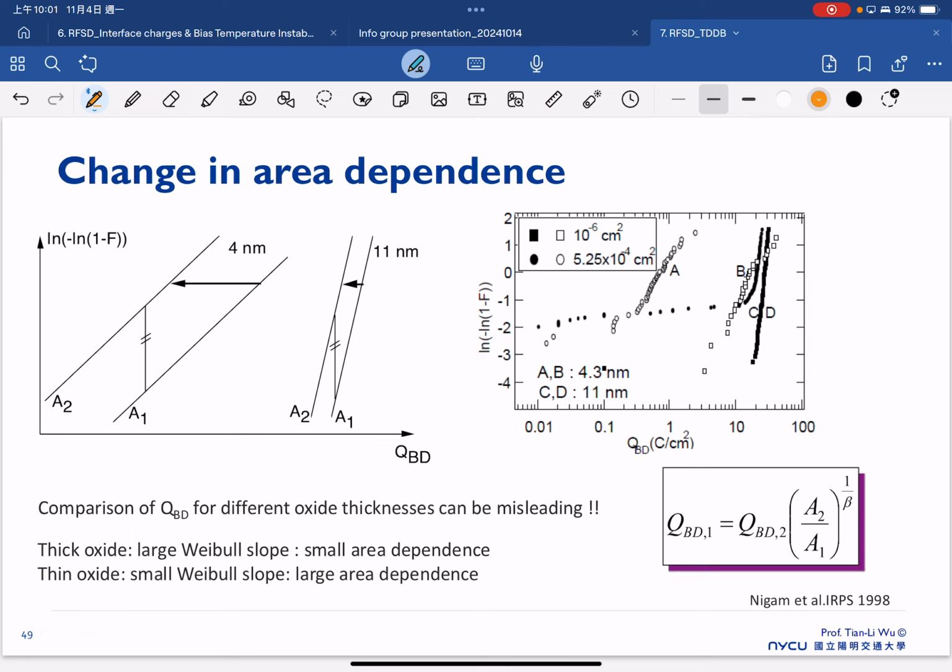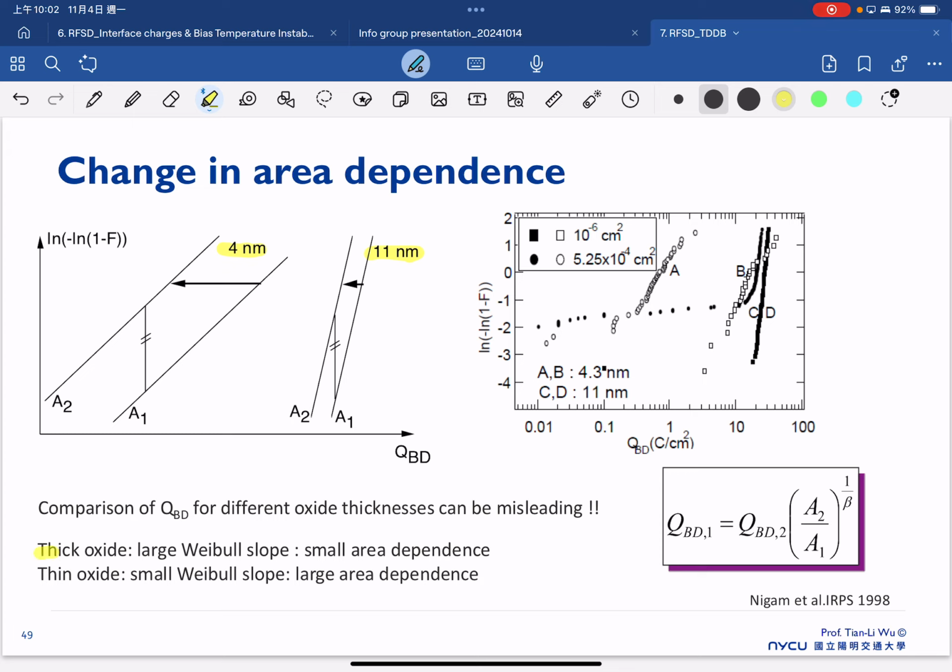So this is also another slide, just trying to tell us a very similar concept. In the last class, we already discussed the area dependency. So we can scale the Weibull plot by considering the area dependency here. This is the case where we have the thicker dielectric, that's 11 nanometer. We have the dielectric for the 4 nanometer here.